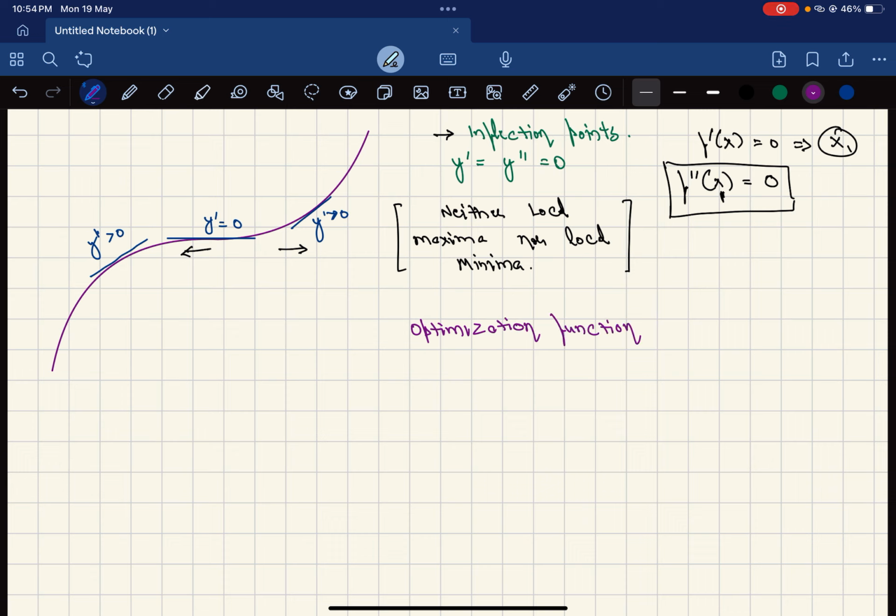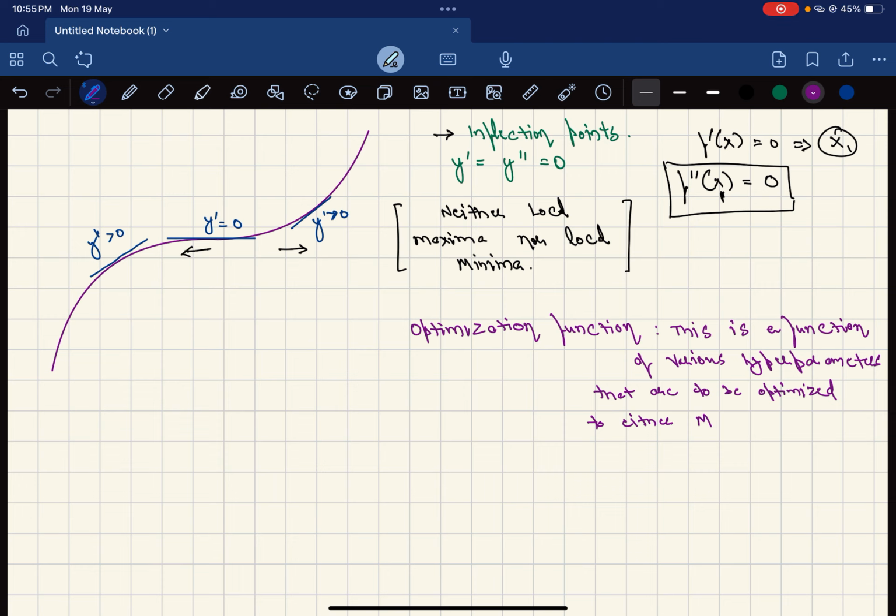This function is a function of various hyperparameters that are to be optimized to either maximize or minimize the function value.